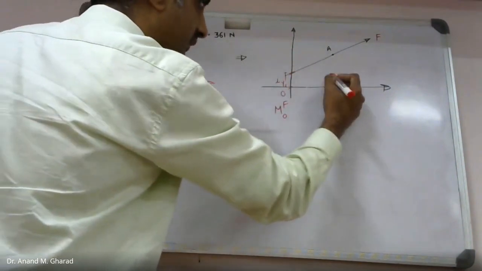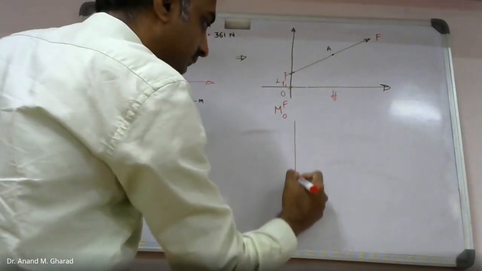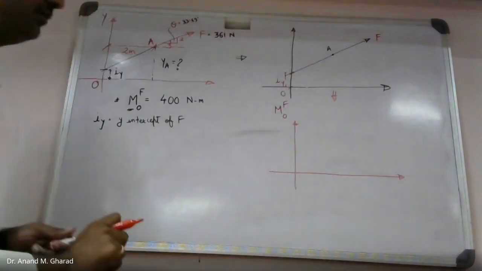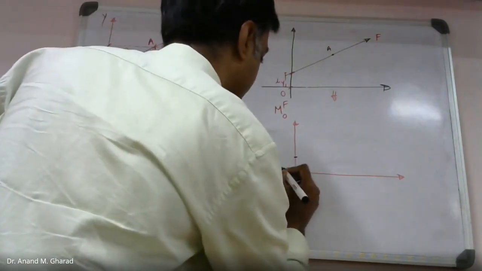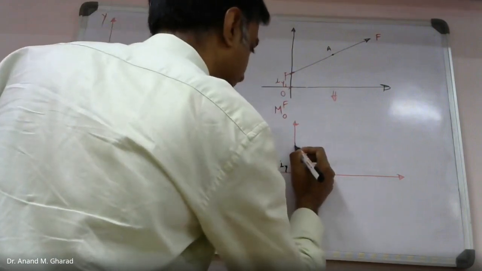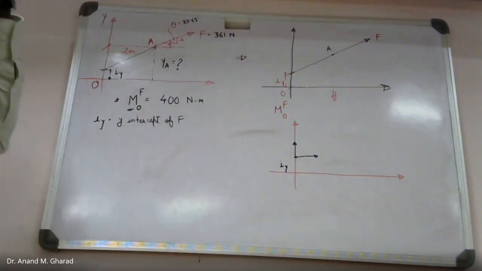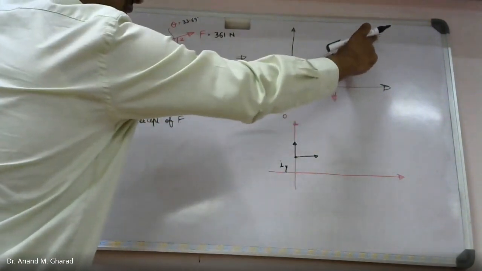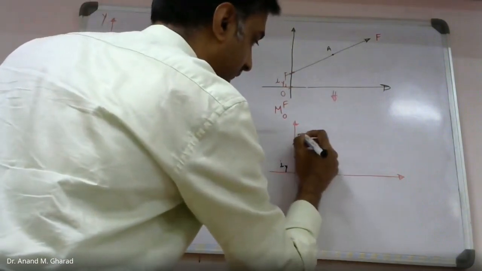So can I not say that this system is equivalent to this particular system, wherein this is that location Iy, and at this location I have resolved this force F into its components, Fx and Fy.